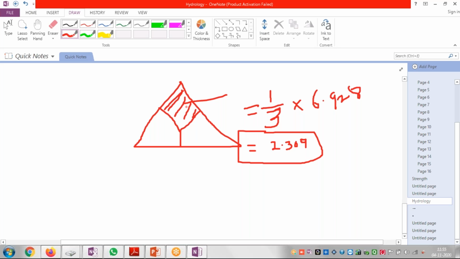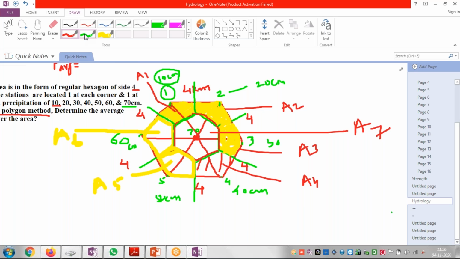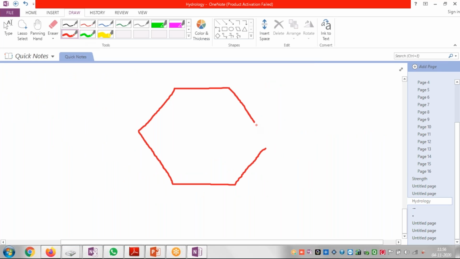Now you observe this. Once again, I will tell you. I will clear it again, but just remember this is 2.309. Now, this is actually my hexagon, and this is my center.